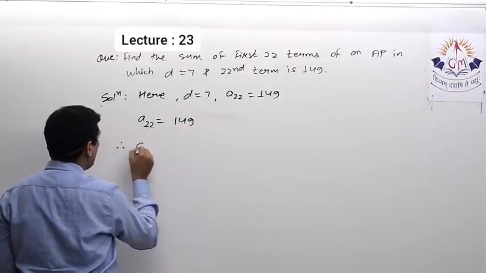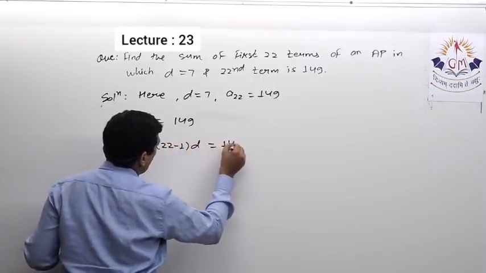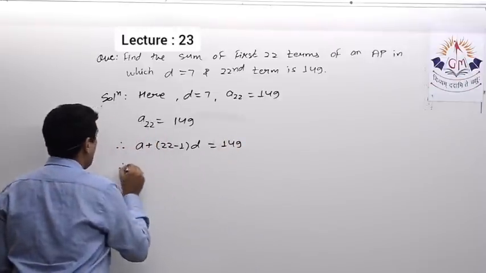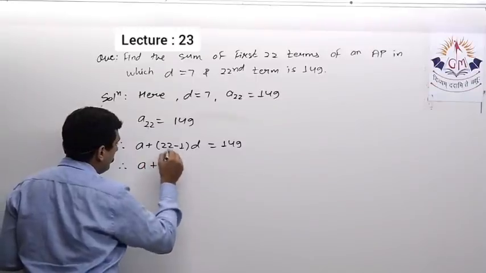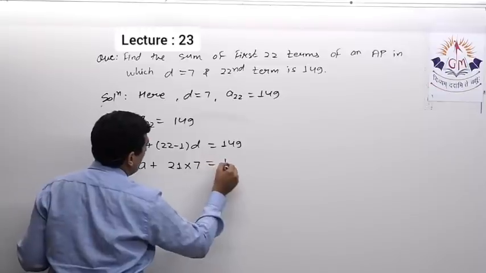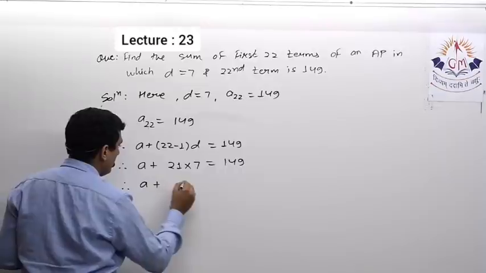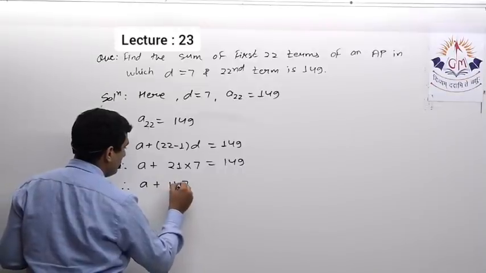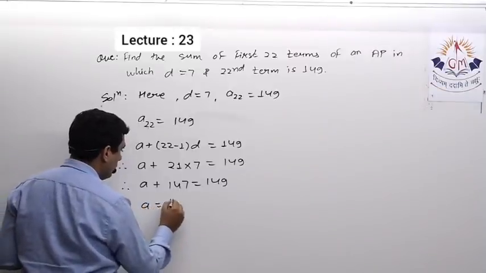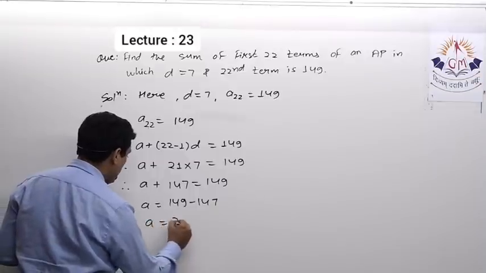Now a we have to find. 22 minus 1 is 21, and d is 7, so a plus 147 is equal to 149. So a is equal to 149 minus 147, so a is equal to 2.